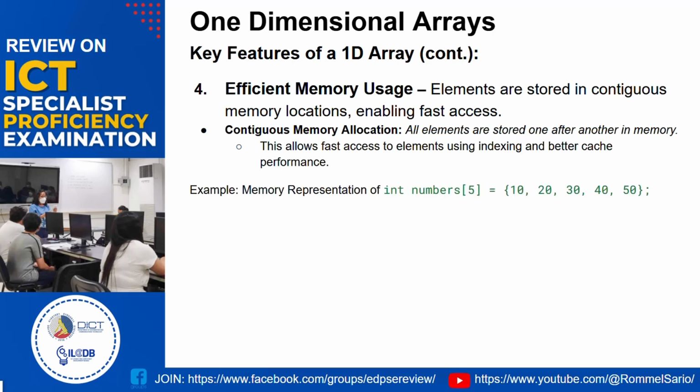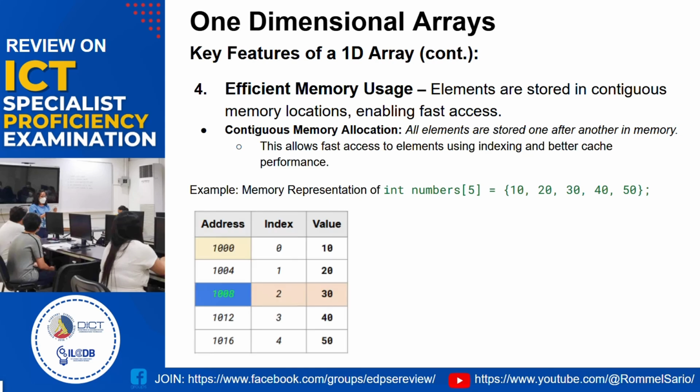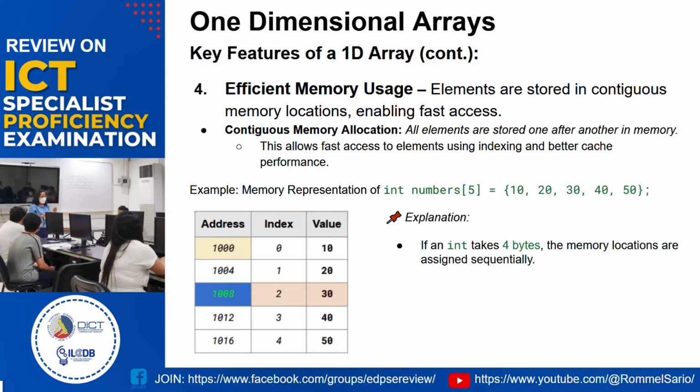We have here an example of memory representation of int numbers with size 5 with the elements 10, 20, 30, 40, and 50. So this is how it is positioned in our memory. If an int takes 4 bytes, the memory locations are assigned sequentially.